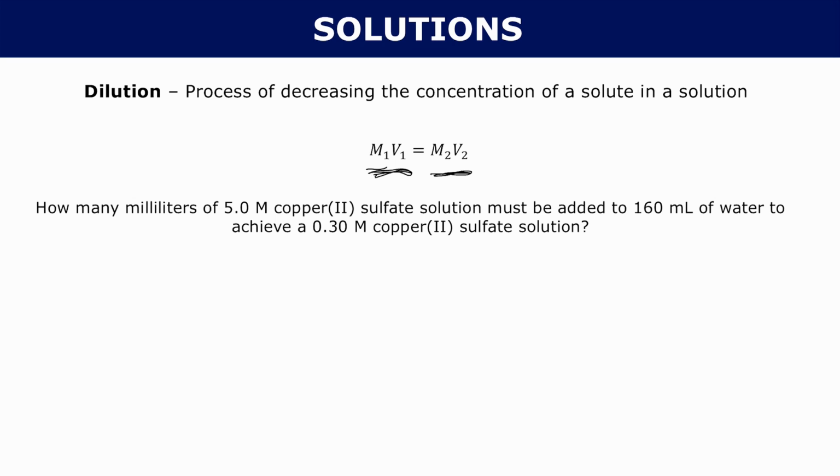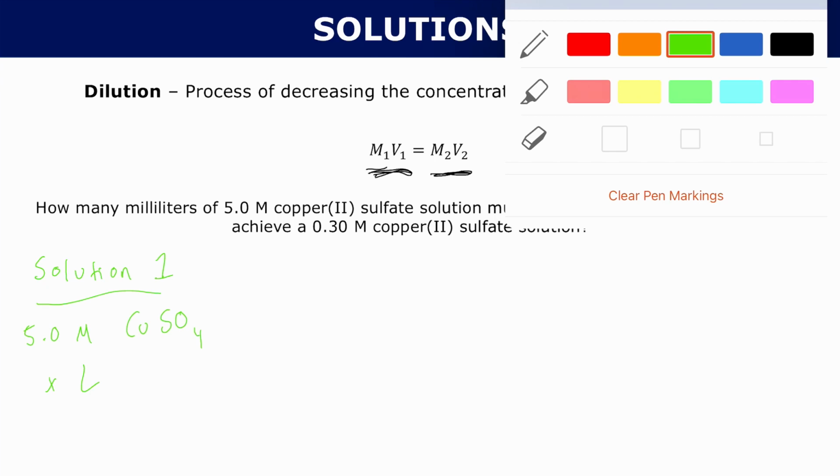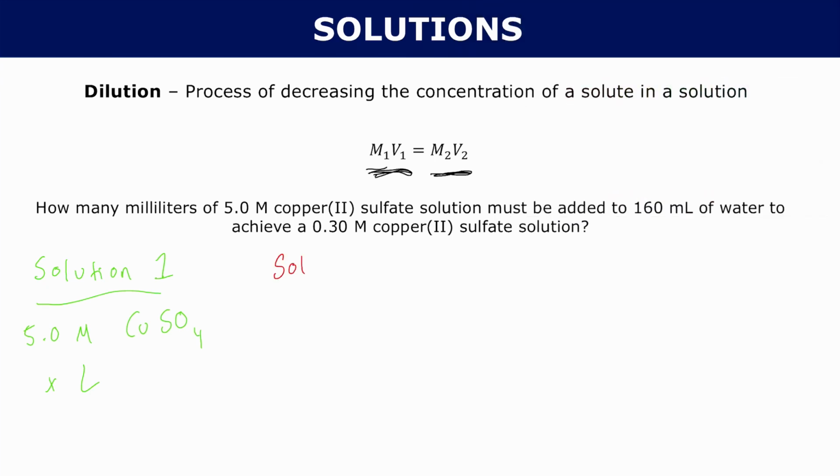Okay, so we know what the first solution is. Solution 1 is going to be 5.0 molar copper sulfate, but we don't know the volume of it. So let's just say it's X liters. And we also have another solution, solution 2. We know that solution is going to have a 0.3 molar concentration of copper sulfate. And we also kind of know the volume.